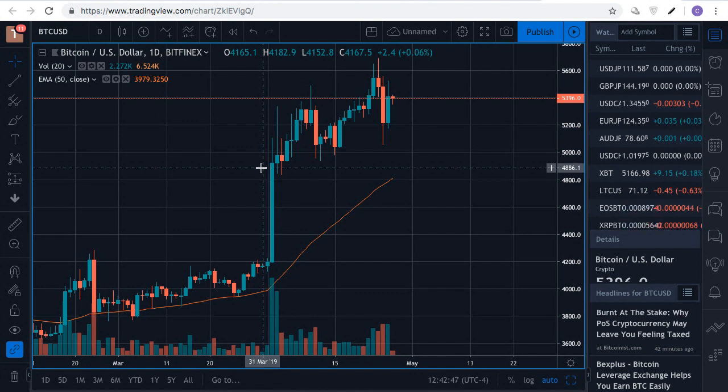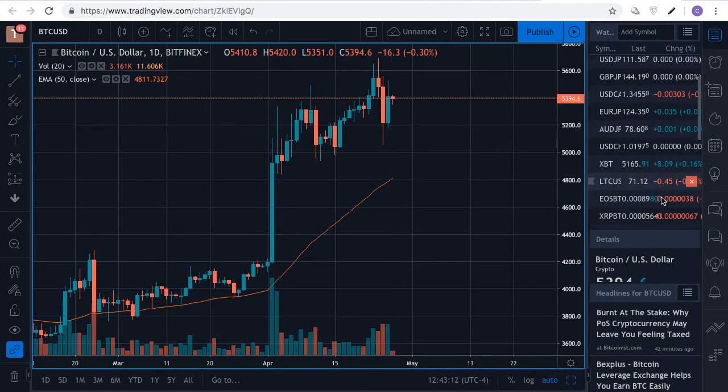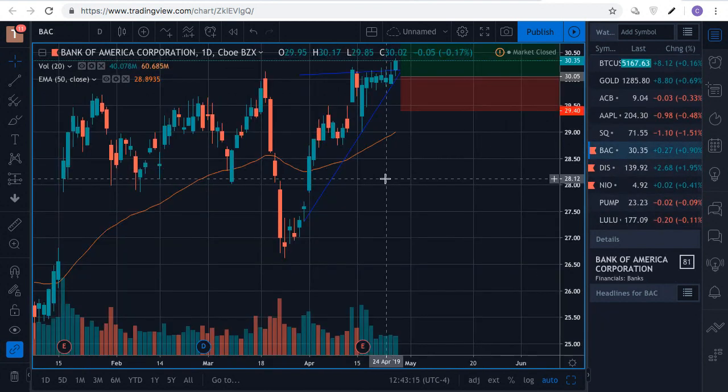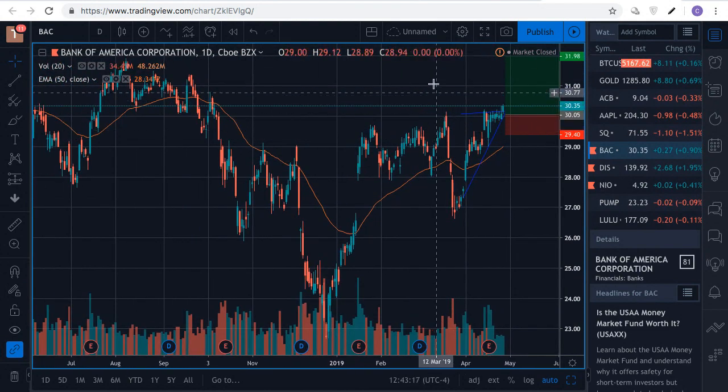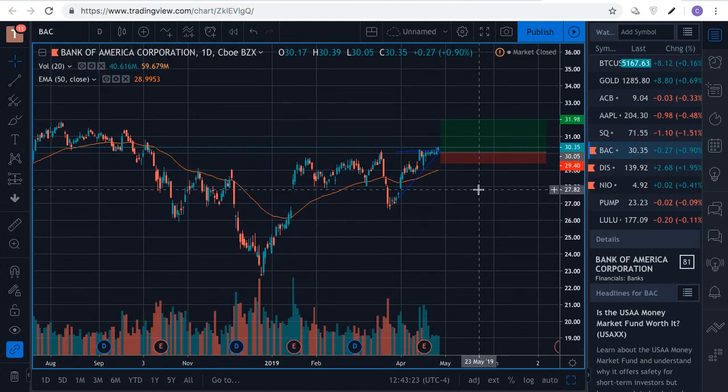If you're going to be trading stocks a lot, you'll probably eventually dabble in some stock options, which is basically predicting whether the price is going to go up or down in a certain period of time. For example, say you're on Bank of America, and I actually have one of these stock options. They have tons of options depending on where you think the price is going to go.